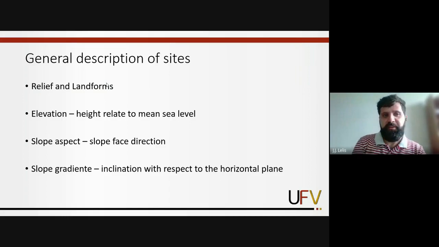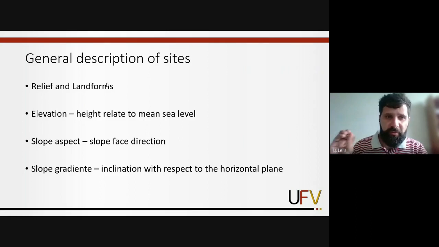We will present some of them. We don't need to describe them in a lot of detail, because some people that work with soil don't have a deep geomorphological knowledge.